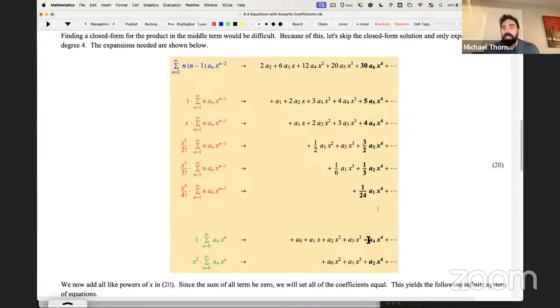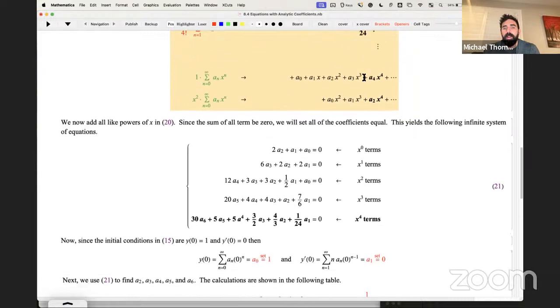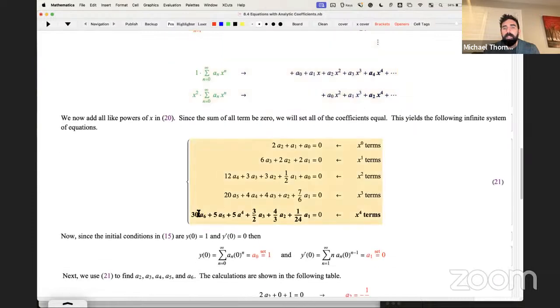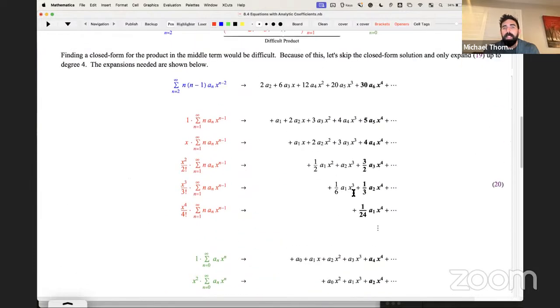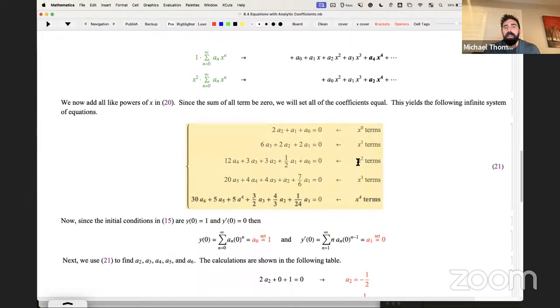Since they all have an x to the fourth in them, we can just add all the coefficients. If we do that, we'll get this, and we'll set them all equal to 0. So that would be for the x to the fourth term. We would do the same thing for the x to the third term, x squared, x term, and constant terms. And if we set them all equal to 0, then there's our infinite system, right? Well, it's not infinite because we're only going up to degree 4 here. But there's our system.